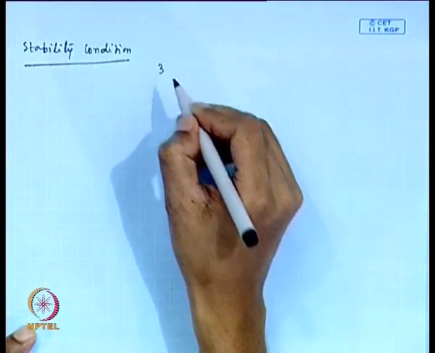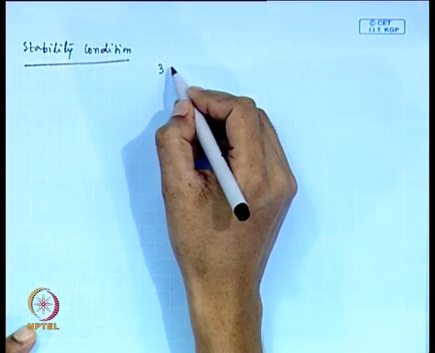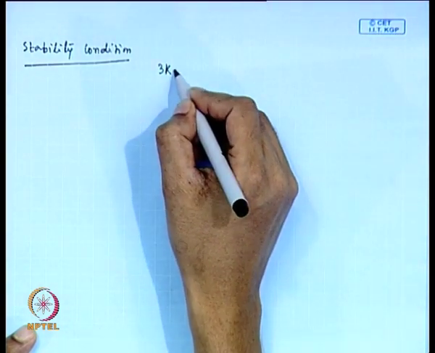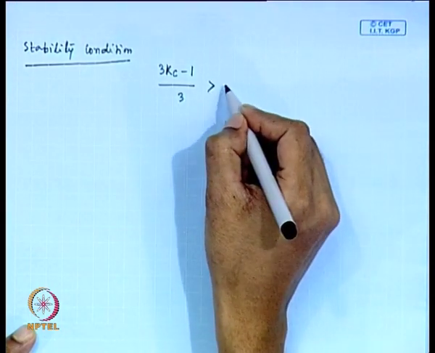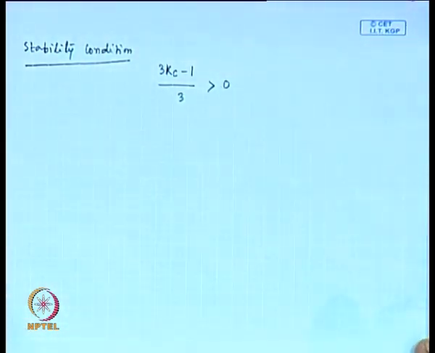The system will always be stable when (3 Kc minus 1) divided by 3 is greater than 0. Then we can say that the closed loop system remains always stable.